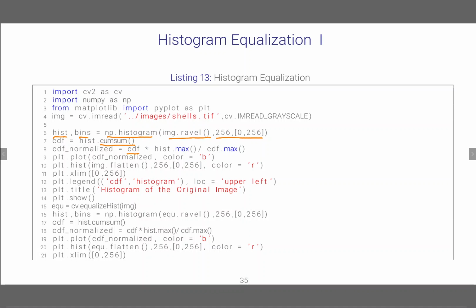To get the normalized CDF you can multiply by the histogram maximum and divide by the CDF max.